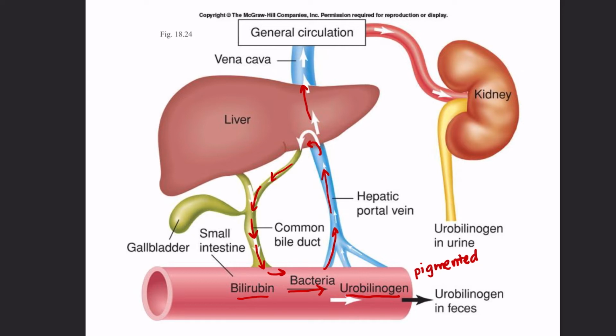And then if this bilirubin or urobilinogen continues on in this hepatic portal system and maybe even reaches through the general circulation, what can happen is it can go into the kidney where it will be excreted in the kidney, and urobilinogen is excreted in the kidney, and that's actually what gives the amber pigment of urine as well.